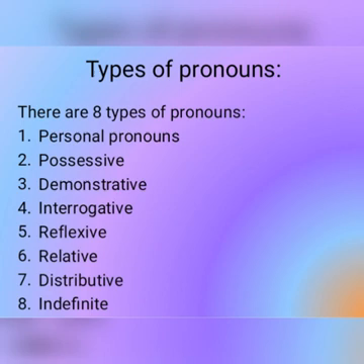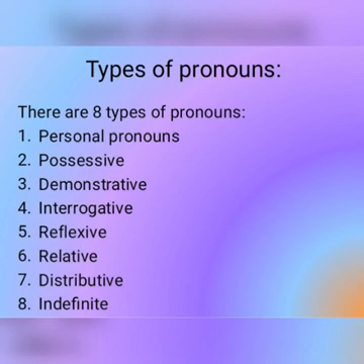Now let us know about the types of pronouns. There are 8 types of pronouns. First is your personal pronoun, which is further bifurcated into subjective and objective pronouns, which we'll be discussing in the video. Second is your possessive pronouns. Third is demonstrative pronouns. Fourth is your interrogative pronouns.